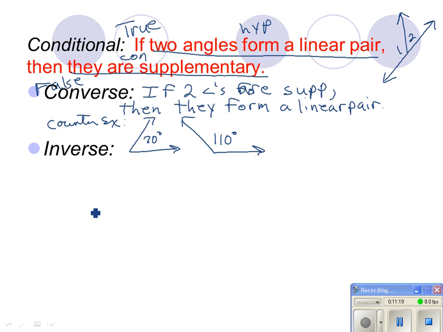The inverse. The inverse leaves the original statement in the same order, but negates both parts.